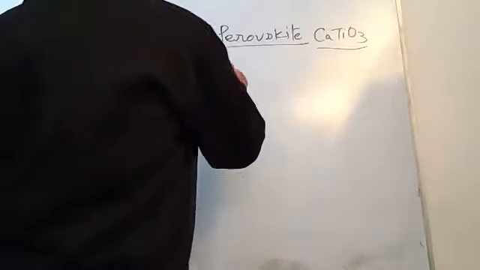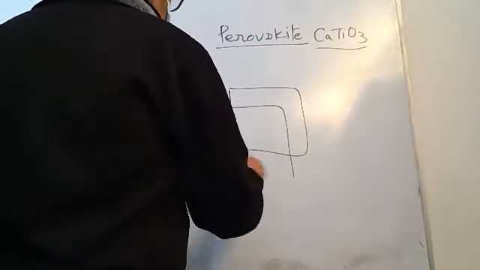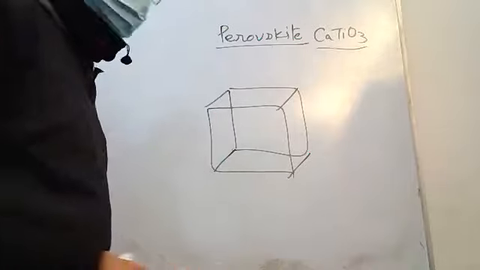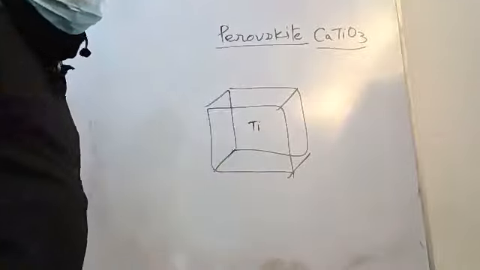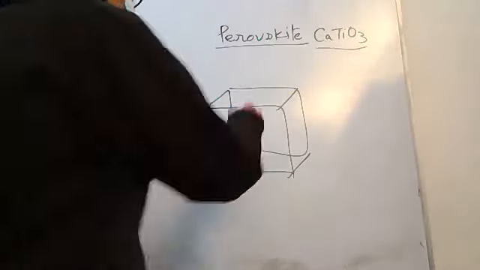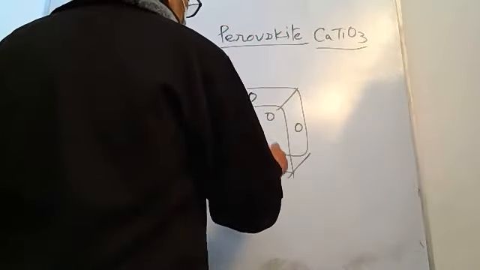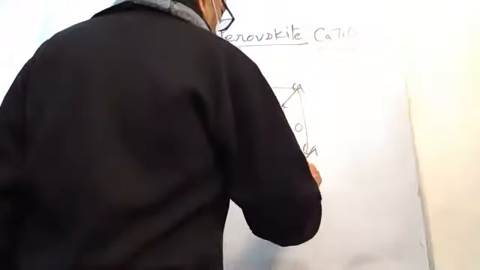If you look at the crystal structure, there are thousands of compounds very similar to perovskite-like structures. Here you have titanium in the center, oxygens on the centers of the faces, and the calcium atoms occupy the corners.